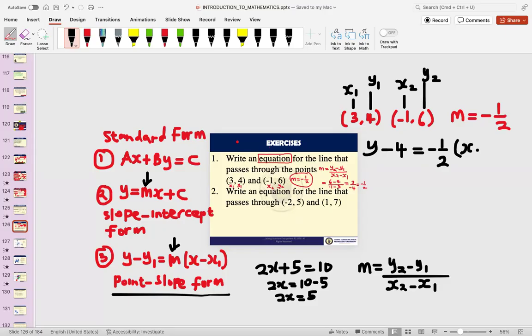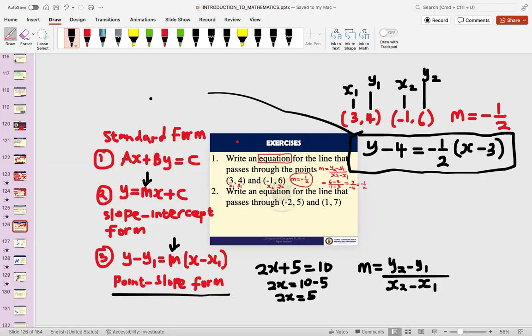So this is the x minus x1. X1 is in the question. That is 3. Okay. So simple. Once I fix everything into it, I have formed the equation. And this equation is of the form, the point slope form.